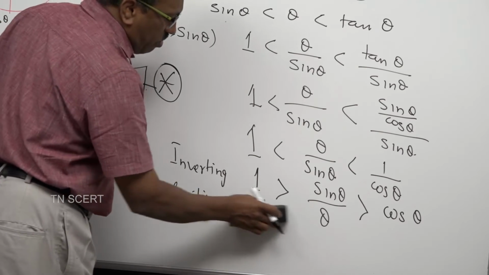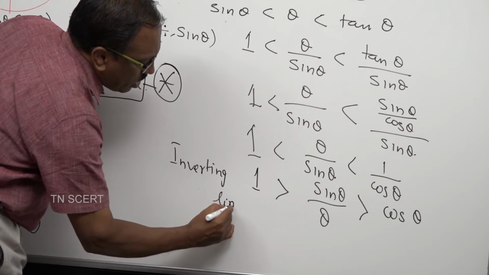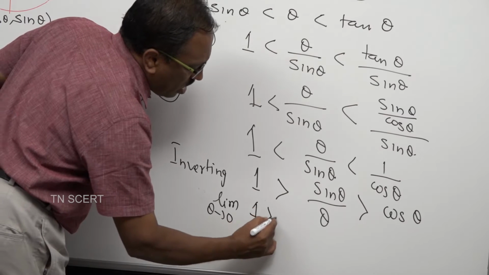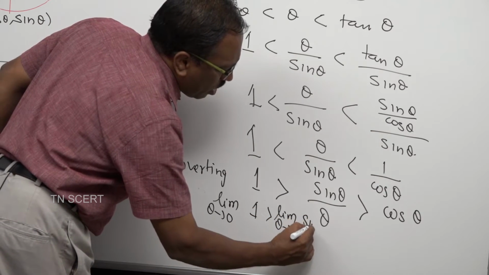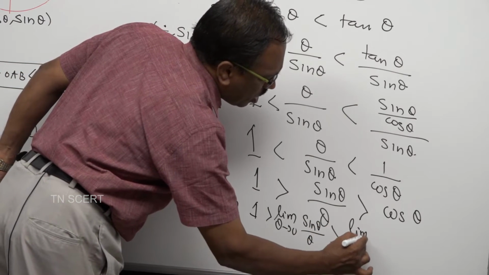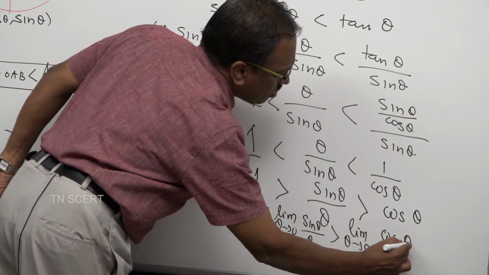So here, what way can we apply it? One minute. Limit theta tends to 0 does not affect 1. So limit theta tends to 0 of sin theta by theta is greater than limit theta tends to 0 of cos theta.